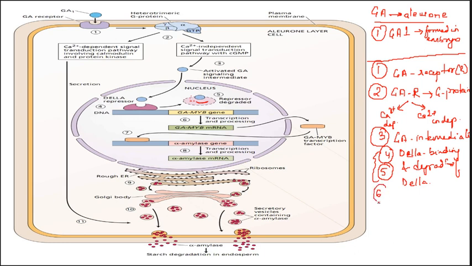Next, the MYB gene is expressed because the repression was removed. Then MYB protein was formed, and MYB protein comes back to the nucleus and binds to the promoter of alpha amylase.